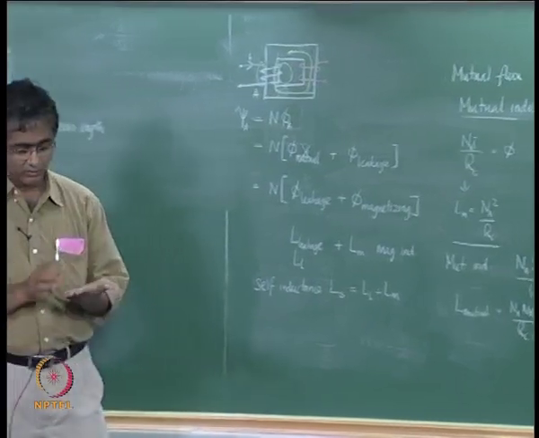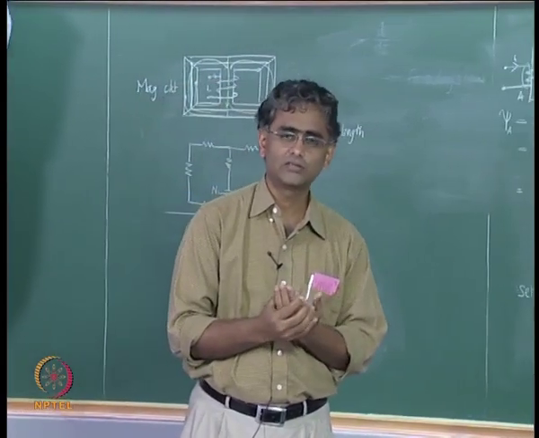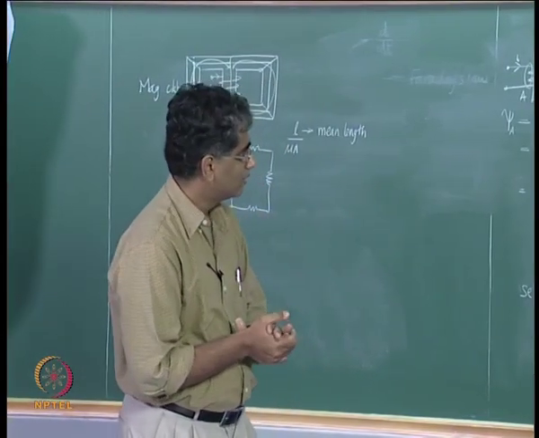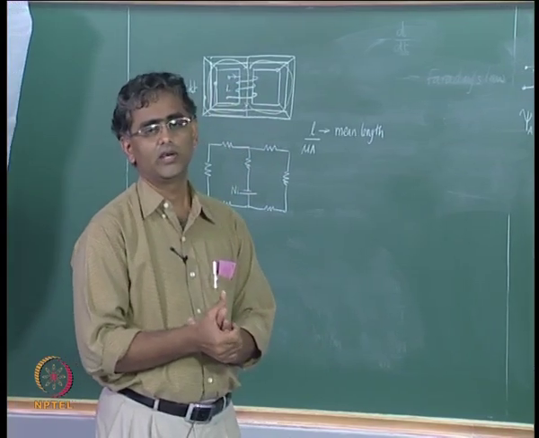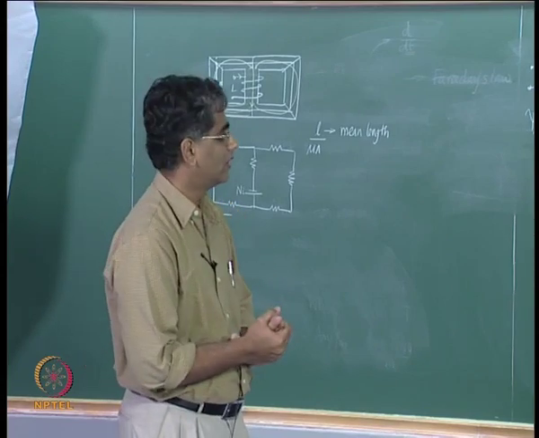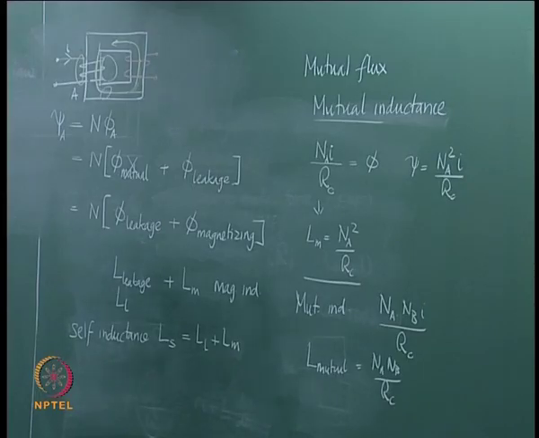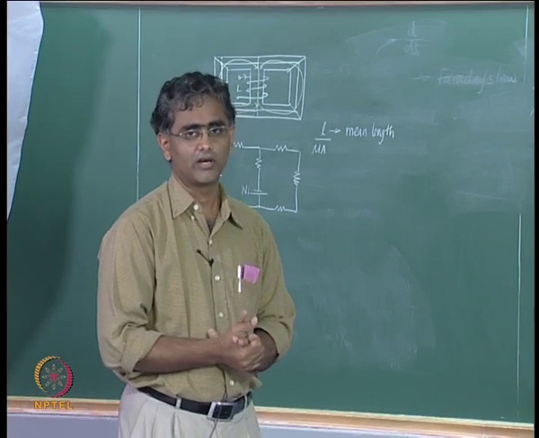So in this lecture we have gone further into the idea of inductances, and we have seen how the electromagnetic device can be analyzed or thought of in simpler terms, how the reluctance can be defined, and using that how different inductances can be arrived at.